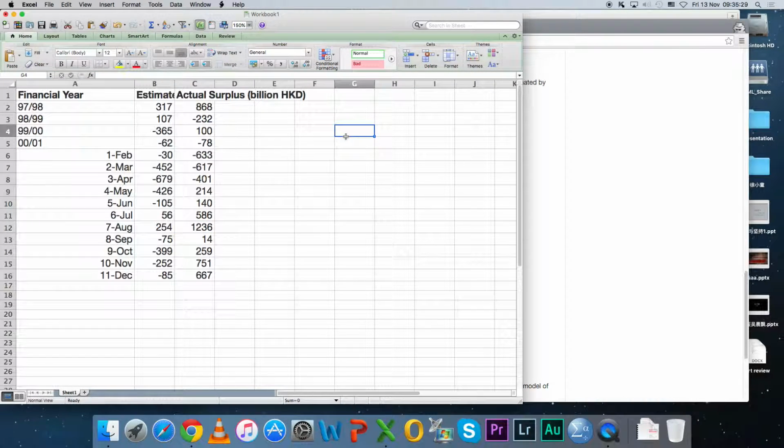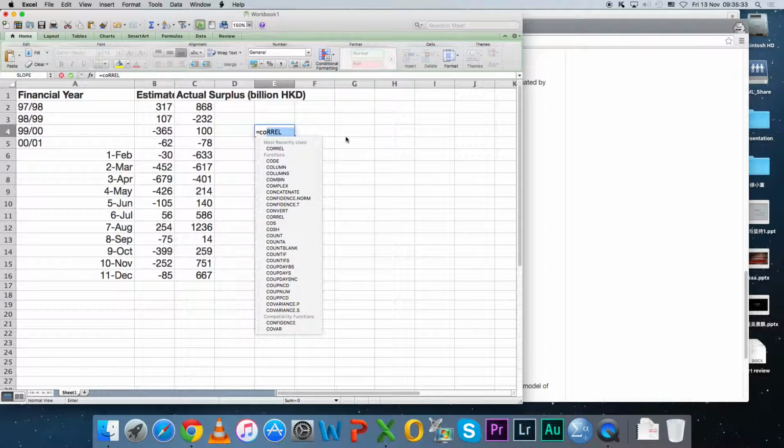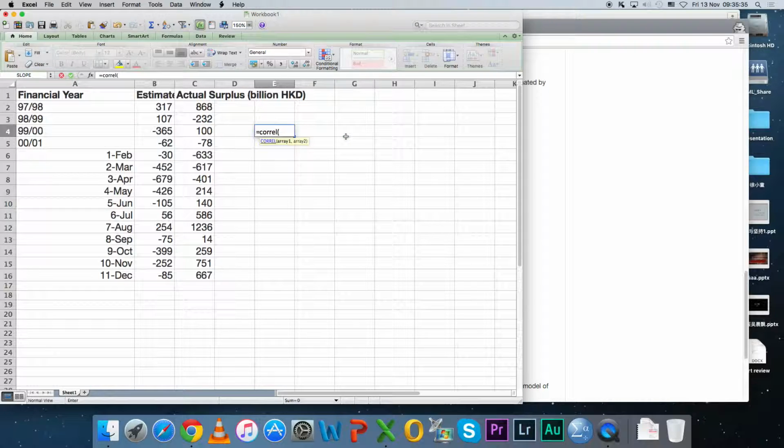Last week we have done the correlation, right? We can study the correlation between the estimated surplus and the actual surplus, right? And it will give you the correlation coefficient, like 0.5, and then you can determine whether such correlation is strong or not strong, right?